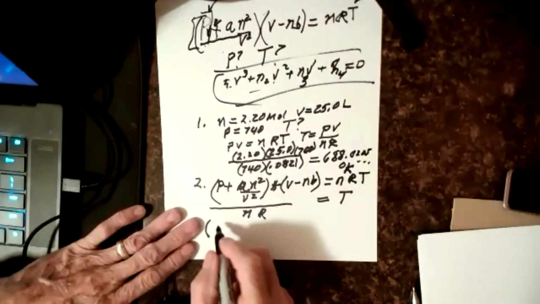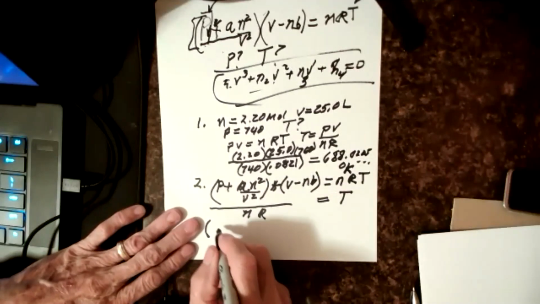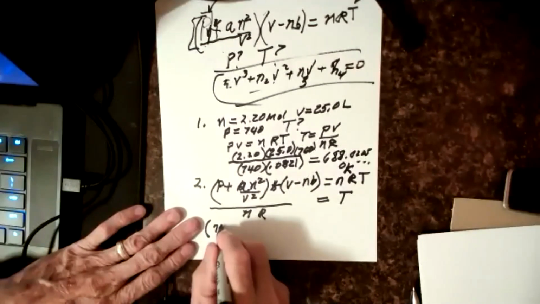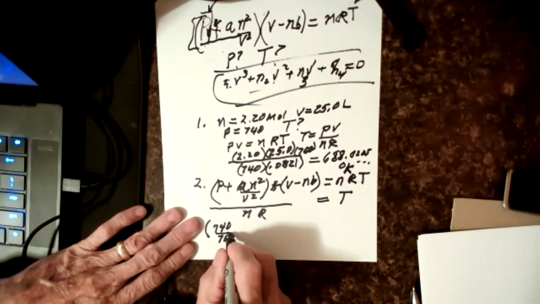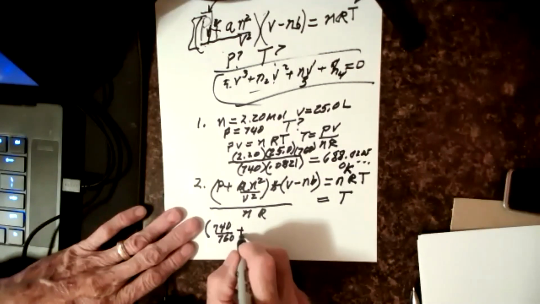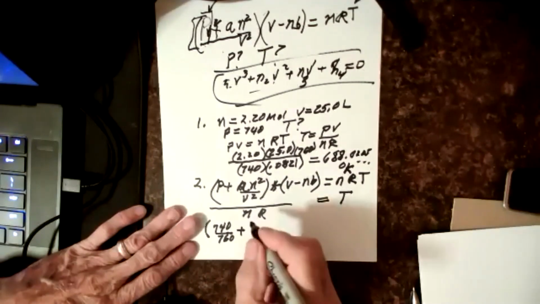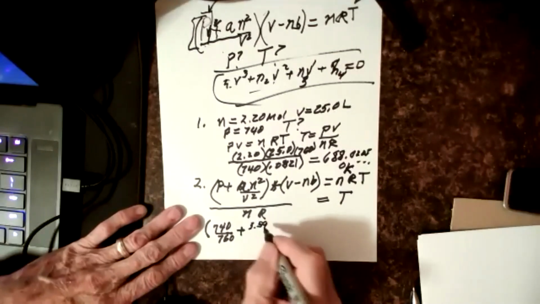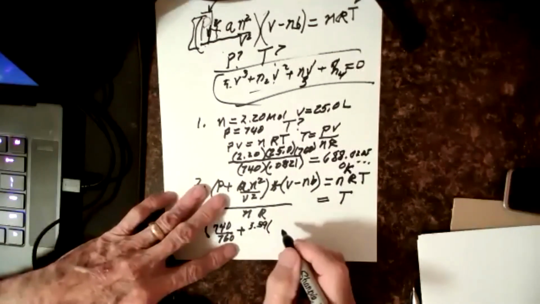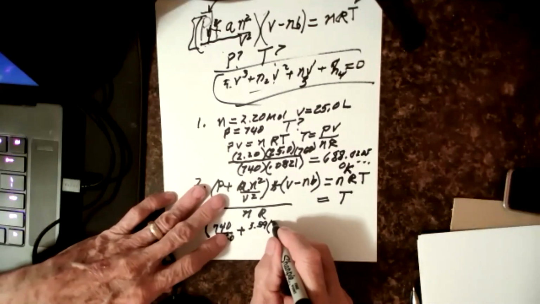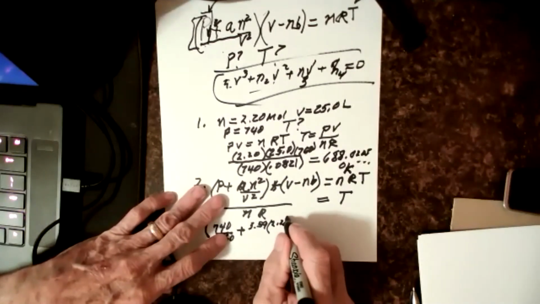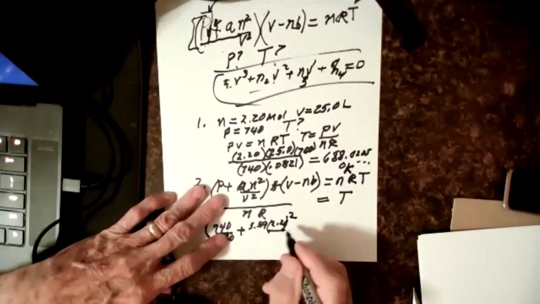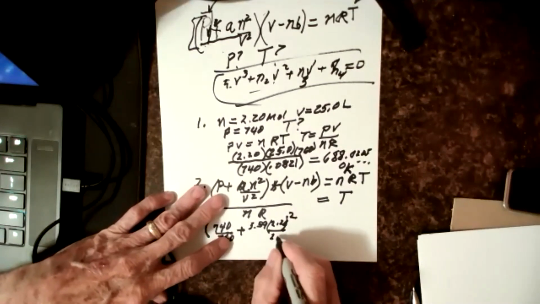So I'm going to actually put the N in first. So it's P, my pressure is 740 divided by 760. I can't move it upstairs right now. I have to do it just like that. A is 3.59 and N is 2.2 and that's squared, and the V is 25 and that's squared.